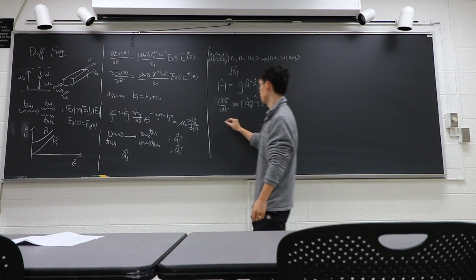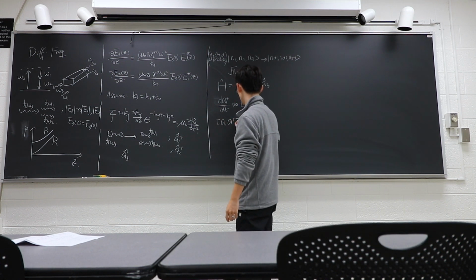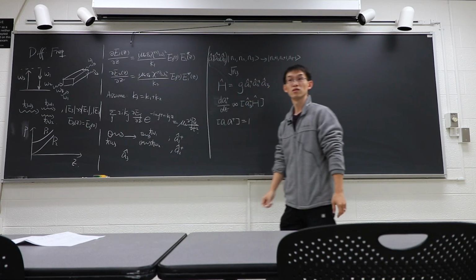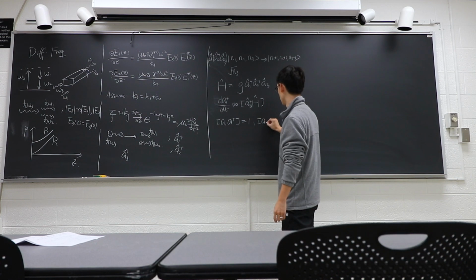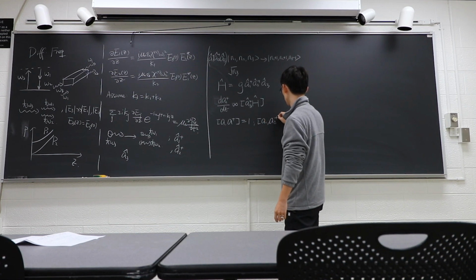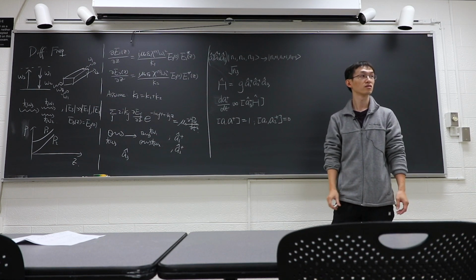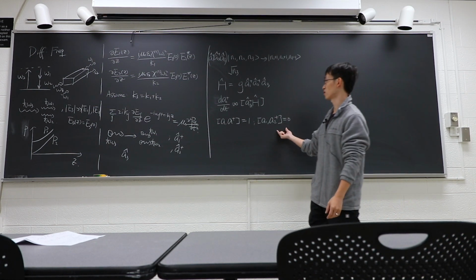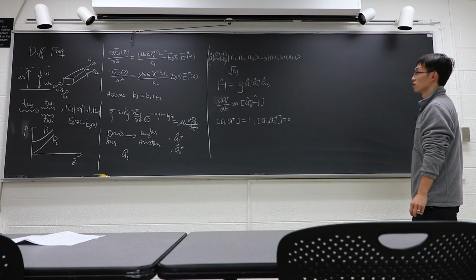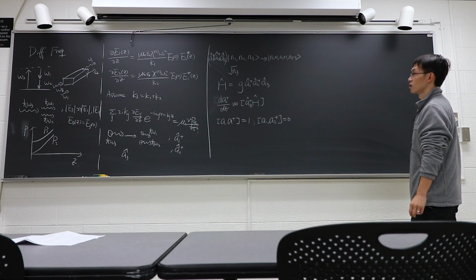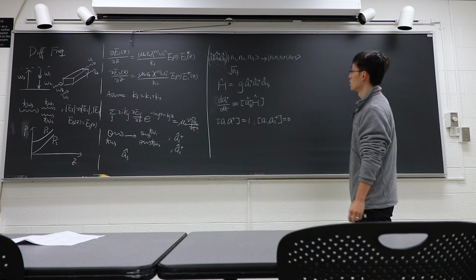If you have A dagger, this is 1. If you have A1, A2, it's 0 because they're not related. So you can actually use this for calculation. Let's see.